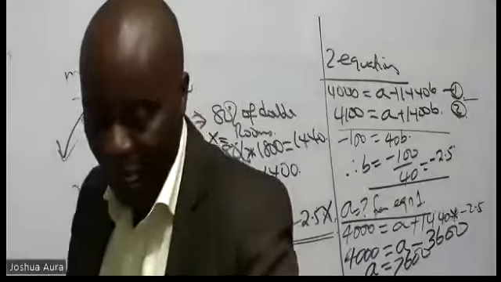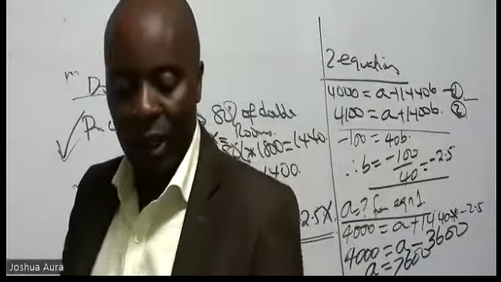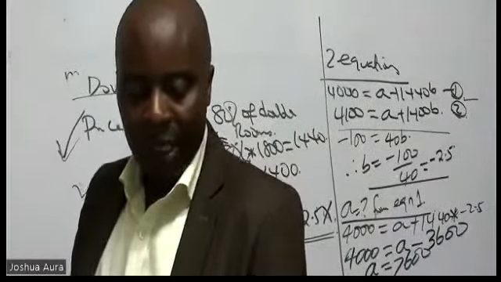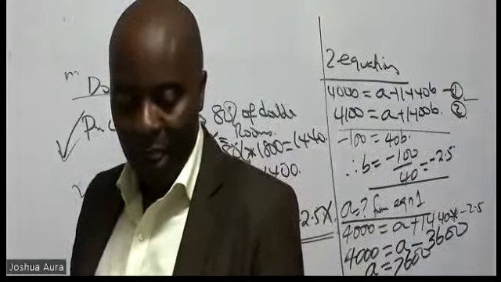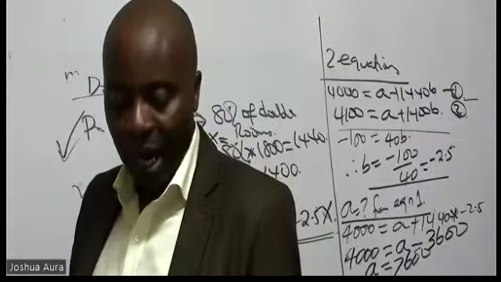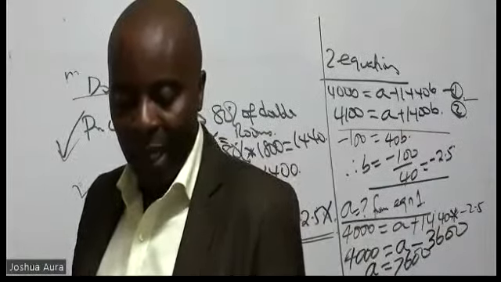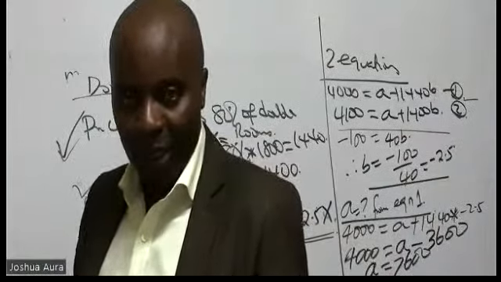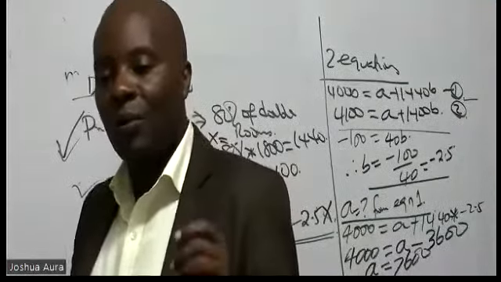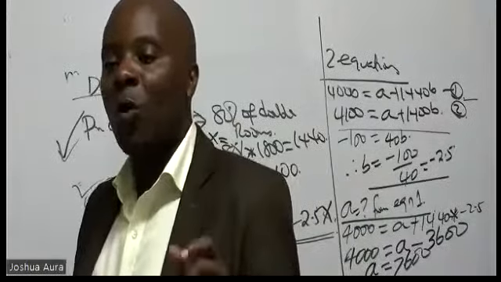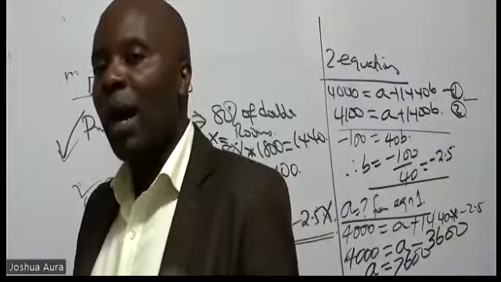Remember what this examiner wanted us to ascertain, ladies and gentlemen, is the fees, which is the price that should be charged per double room, per night, in order to maximize profit during the tournament. And remember, at profit maximum, marginal revenue should be equal to marginal cost.